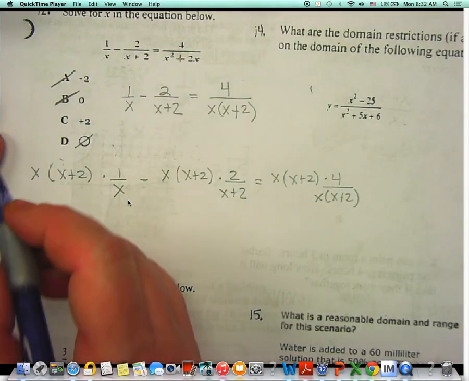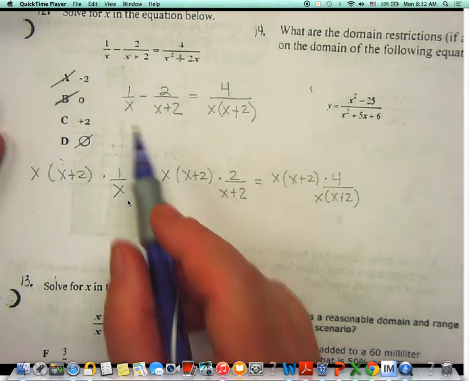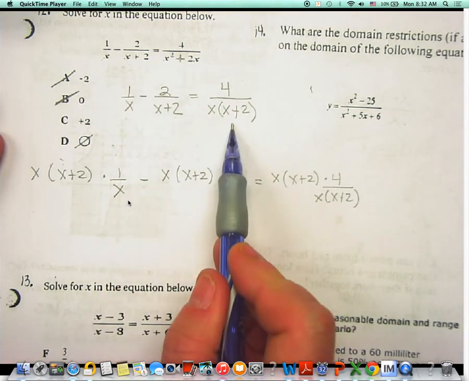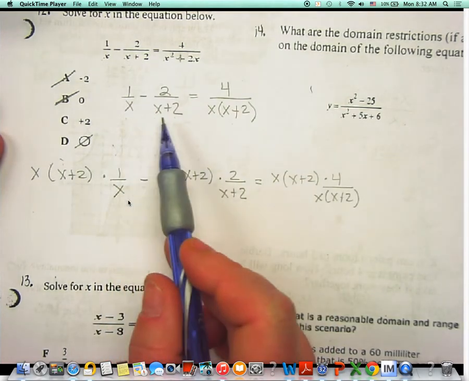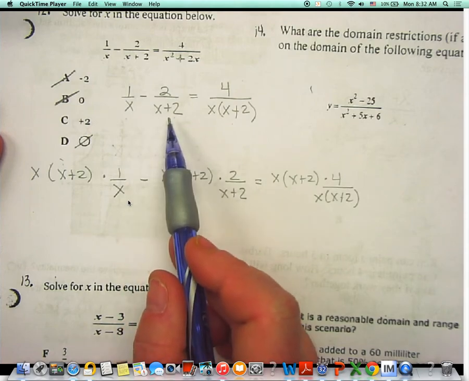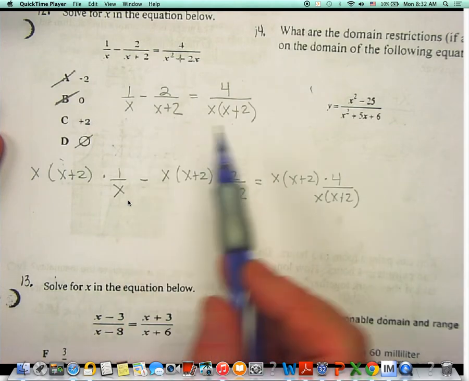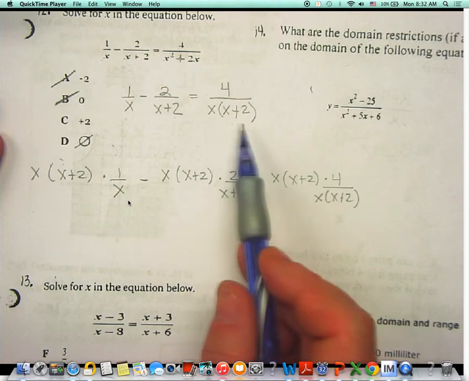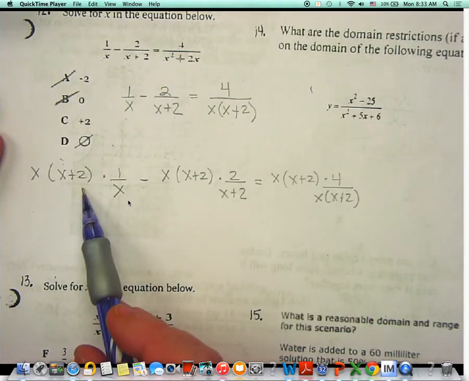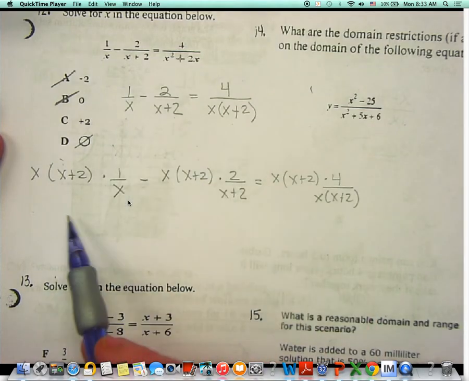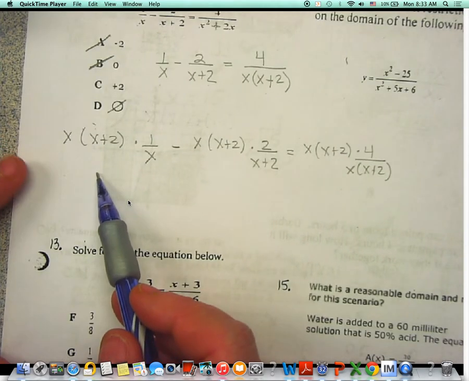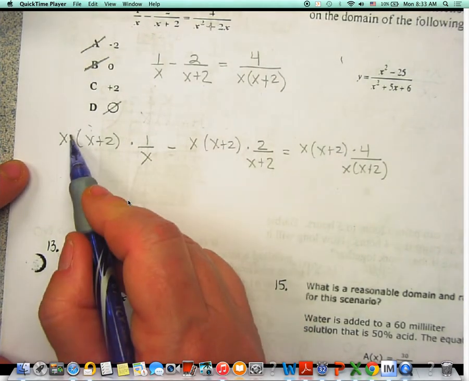Okay, all I did was see the bottom denominators, take the ones that were different, x plus 2. Okay, this one already has x plus 2, they're not any different, and multiply each fraction by that. The reason we're doing that is because that will cancel out the denominators.